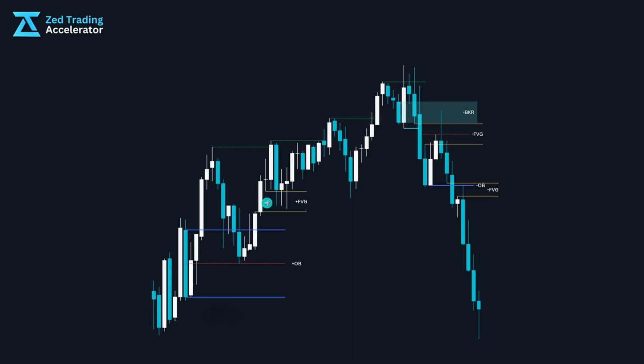It once again provided support in this retracement. As we can see, price retraced lower, failing to respect this order block, but we find support once again in this fair value gap. Price failed to displace lower, and once again, it continued higher.